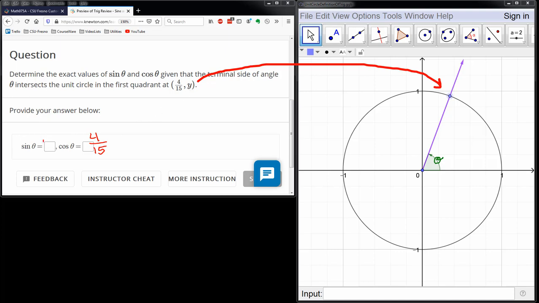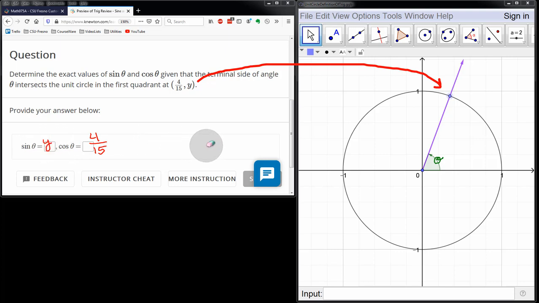It would be correct to say that the sine of theta is equal to y, because the sine of theta is the y-coordinate of where the terminal side intersects the unit circle. But I don't think we can say more than that. If we think about it for a little bit, we can figure out what y is. So we can do better and be more specific.